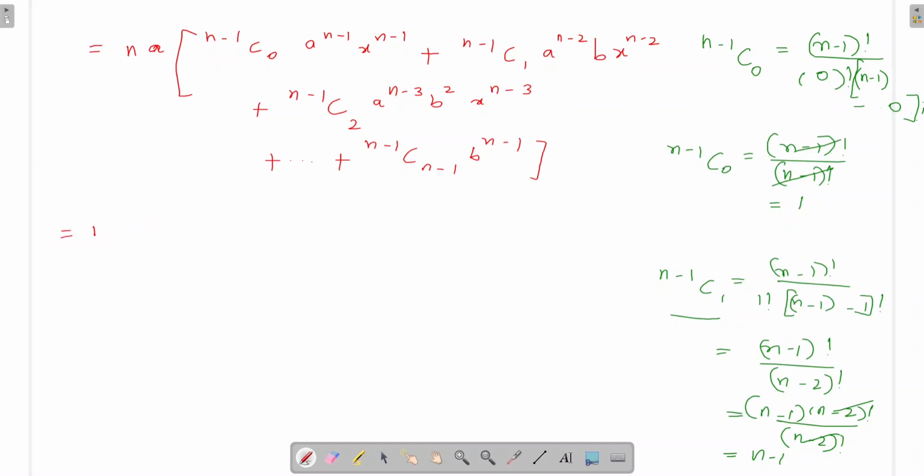So we will get n times a, n minus 1 c0, and then what we'll do is we'll combine this by law of exponents. So ax raised to n minus 1, and instead of 1 here, we will write b raised to 0, then plus n minus 1 c1. So a raised to n minus 2 x raised to n minus 2 we can write as ax raised to n minus 2 times b, plus n minus 1 c2.